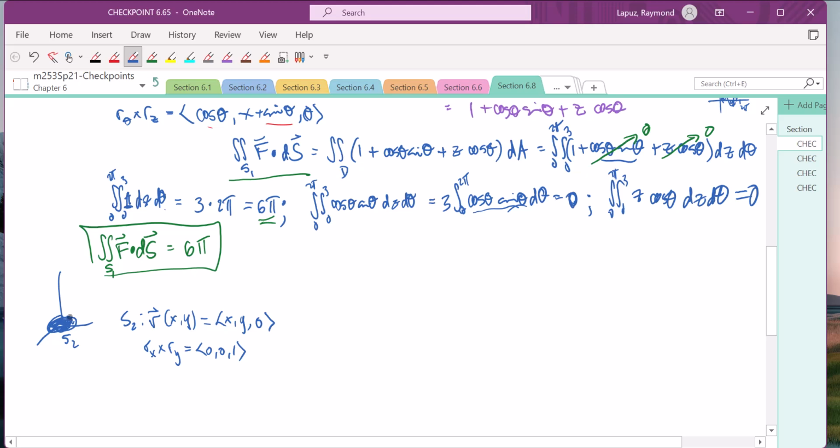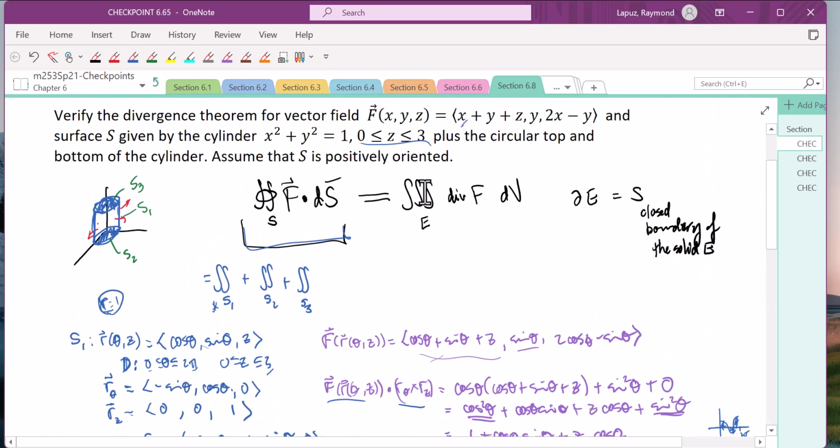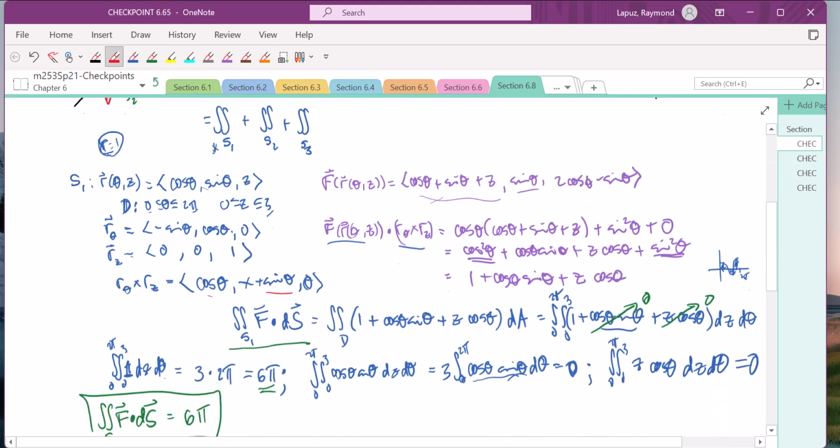So that is going up. But if you look at the original cylinder, to have the proper orientation, we want the orientation of this to be going outward. So in this closed boundary of the solid E, we want the orientation of that surface to be going out.